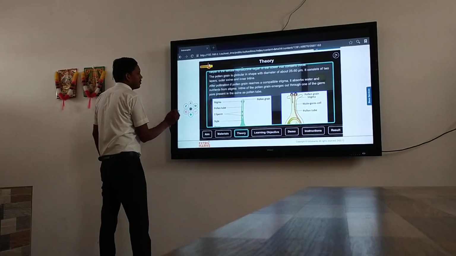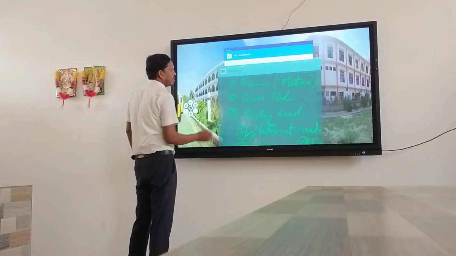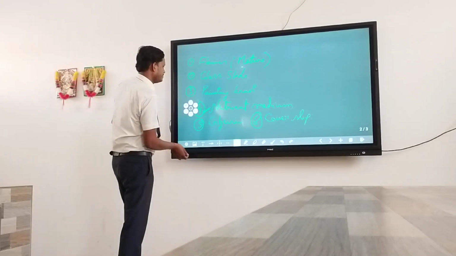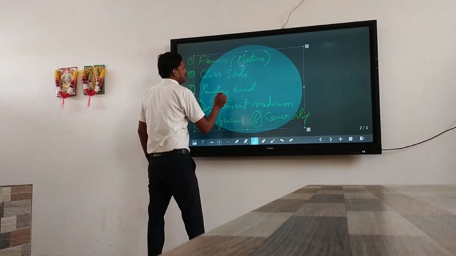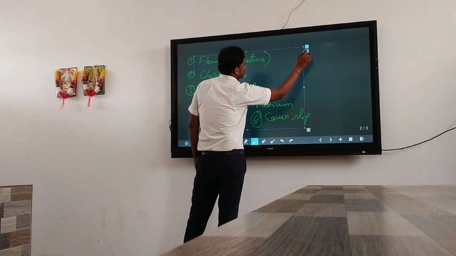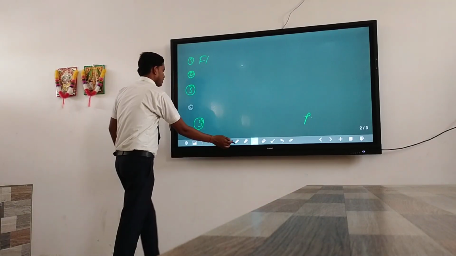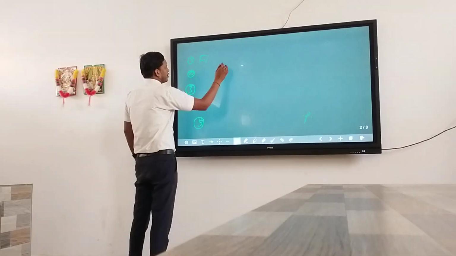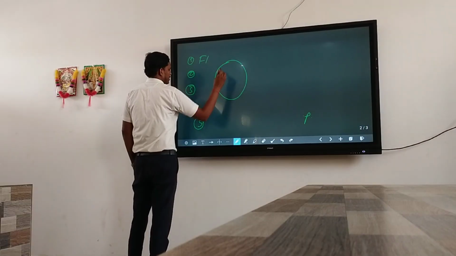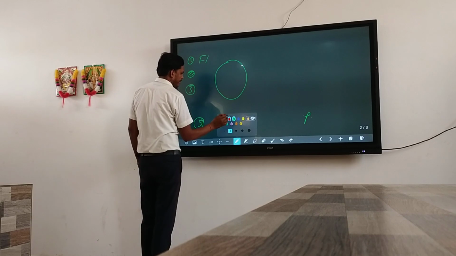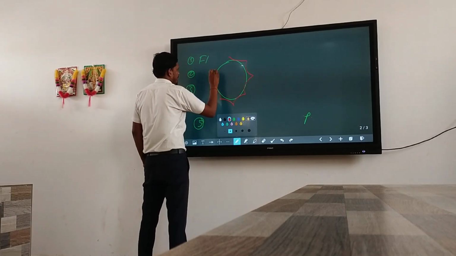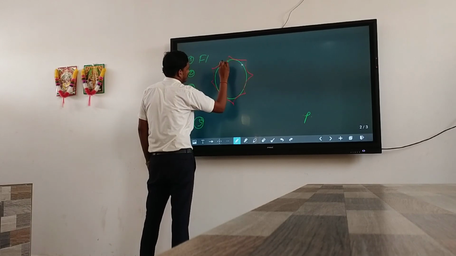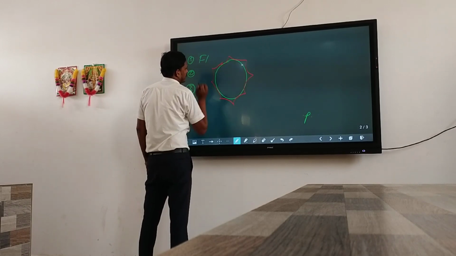See, when we are going to observe the structure of pollen grain, what will happen? Suppose this is a general structure of a pollen grain.